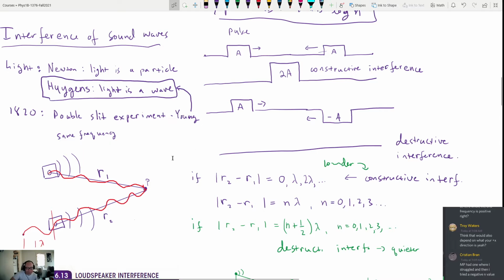You know, Christian, sometimes when you're struggling and then you solve it by doing something that doesn't make a lot of sense relative to the equation, it's probably because you have made a mistake somewhere in the calculation, and by putting that negative sign in, you're fixing that mistake, right?